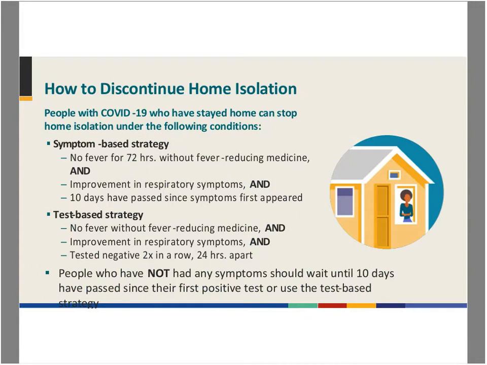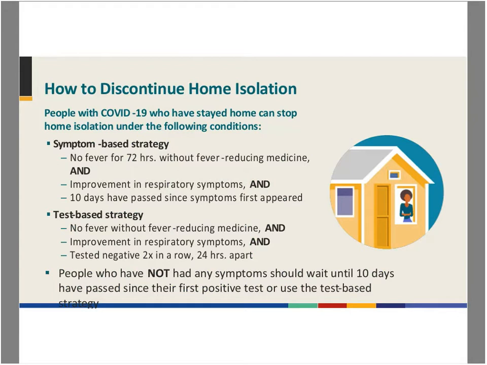Discontinuation of home isolation can be done either on a symptom-based strategy, which has to do with the time without fever and the time since symptoms started, or by a test-based strategy, which is 2 negative tests 24 hours apart. But we don't feel like the test-based strategy is necessary for return to work, though it is one option.